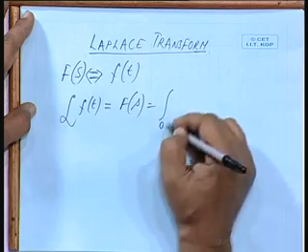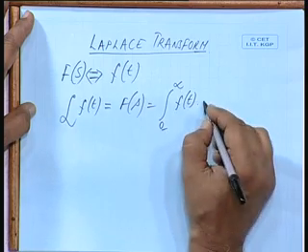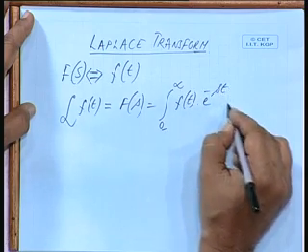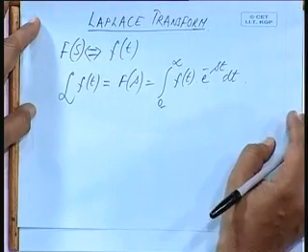It is the integral from 0 minus to infinity of f(t) e to the power minus s t into d t. We define the function like this.